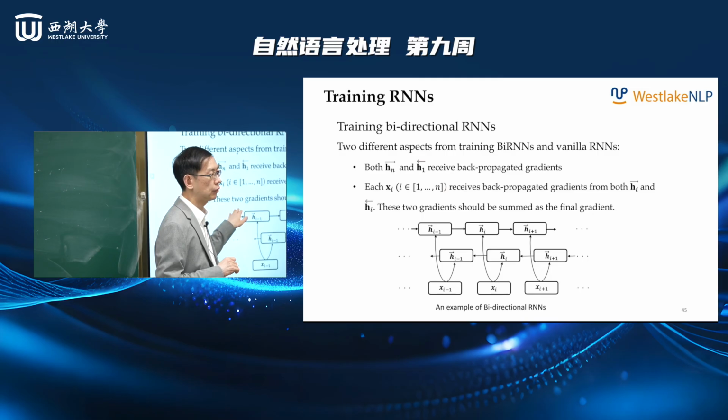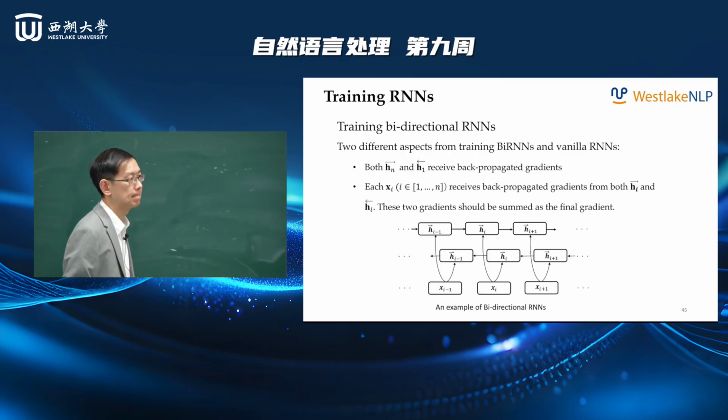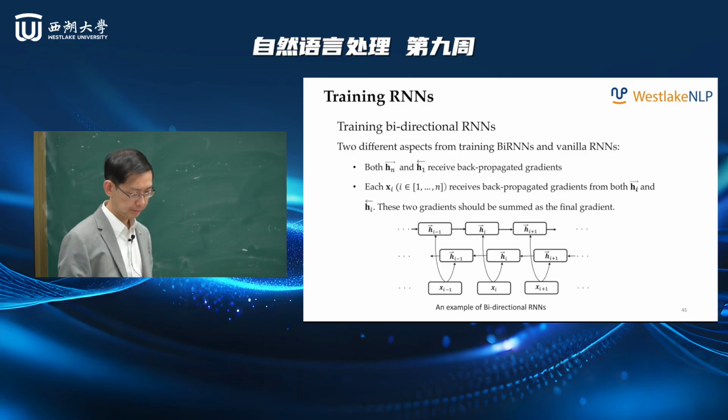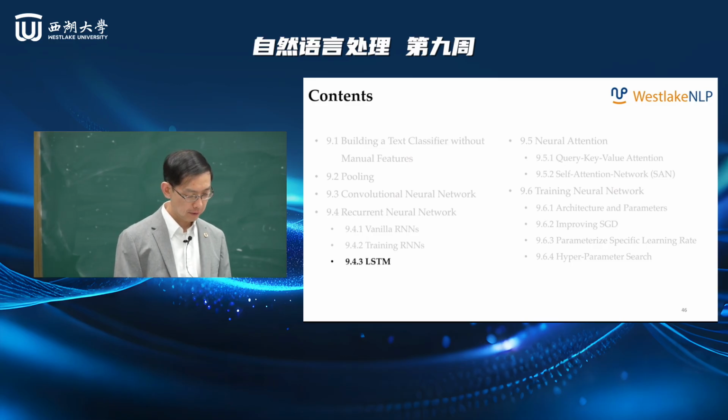So it will receive gradients from both components, okay? How do I handle this? It turns out that the gradients are added together, okay? You have one backpropagated gradient in one path, you have another in another path, you add them together, and it will be the gradient on your x, okay? So that's about bidirectional RNN.